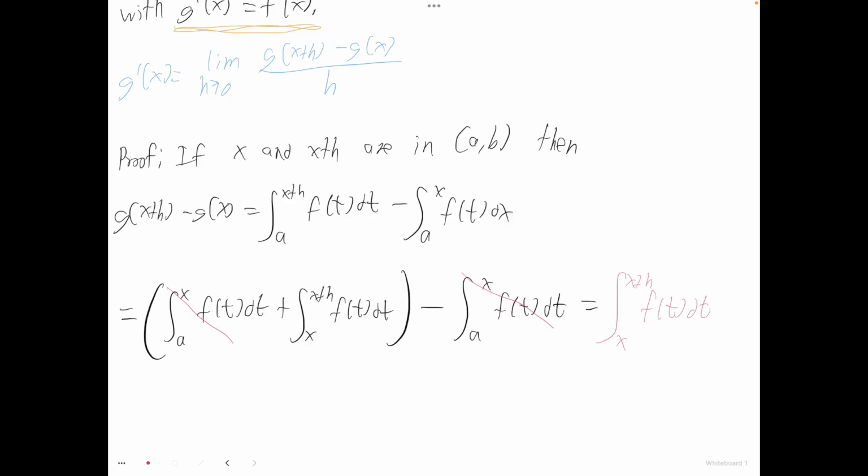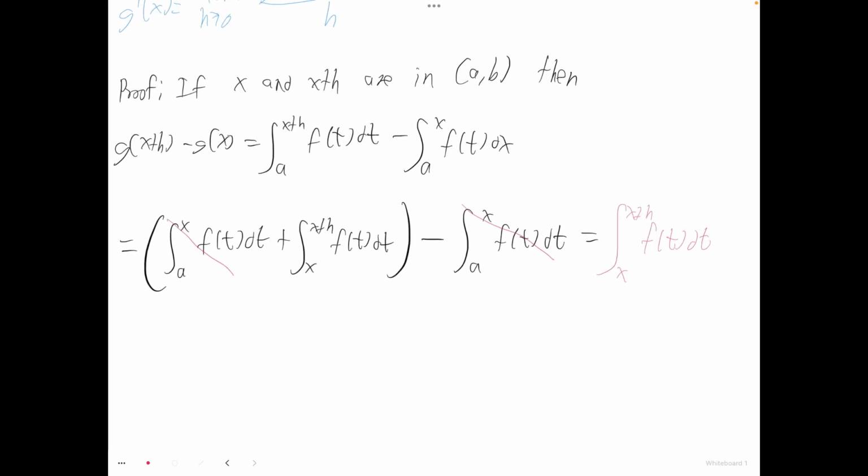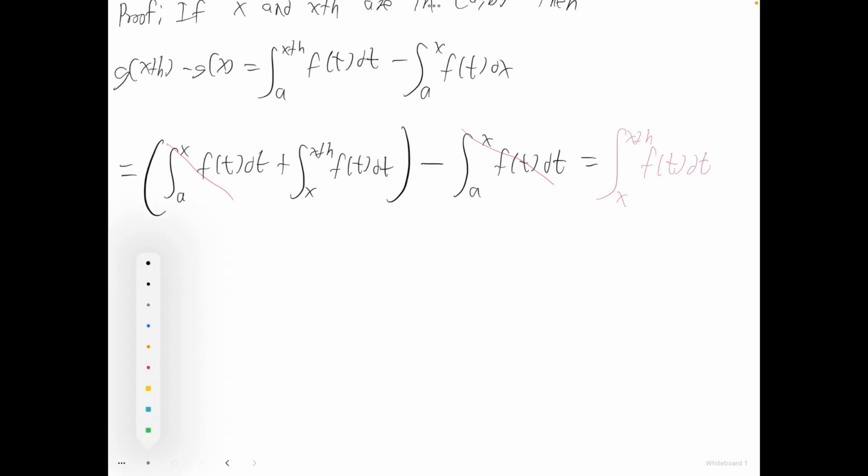Okay? Well, that's great. That tells us something about the formula that we care about. Remember, what we care about is the limit of g of x plus h minus g of x divided by h as h goes to 0.